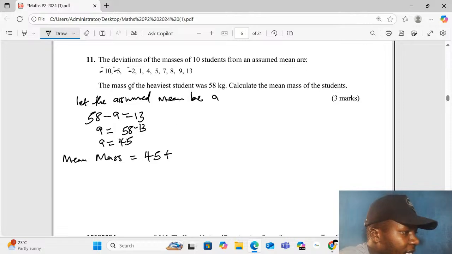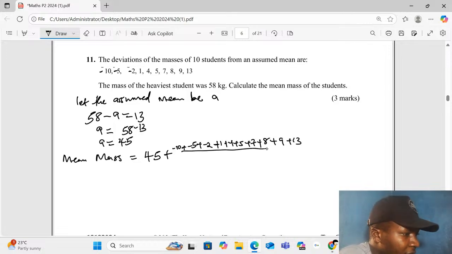You add negative 10 plus negative 5 plus negative 2 plus 1 plus 4 plus 5 plus 7 plus 8 plus 9 plus 13.